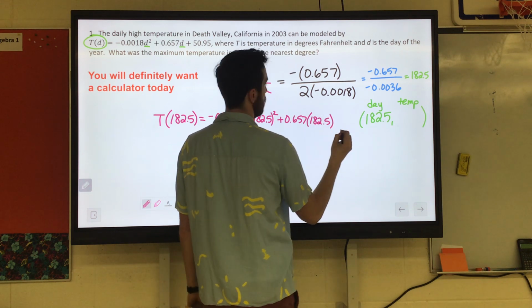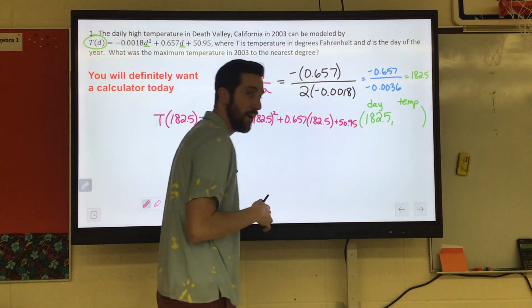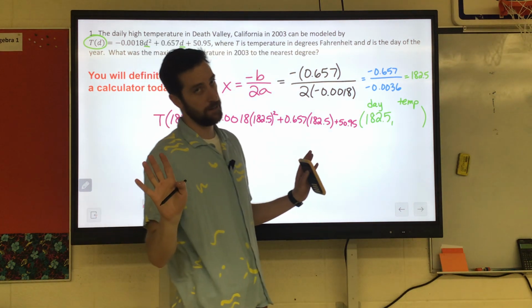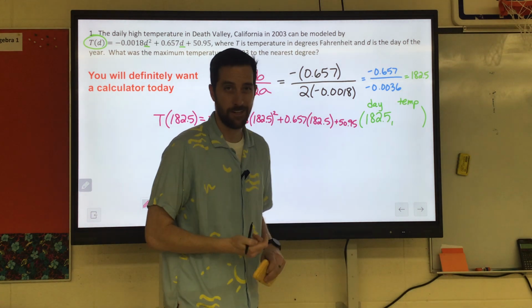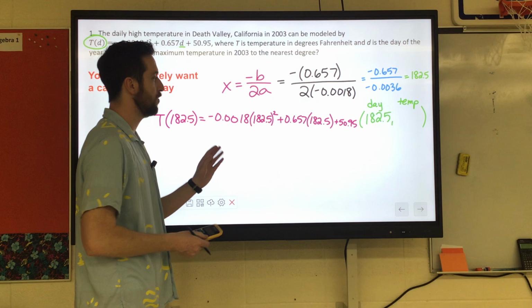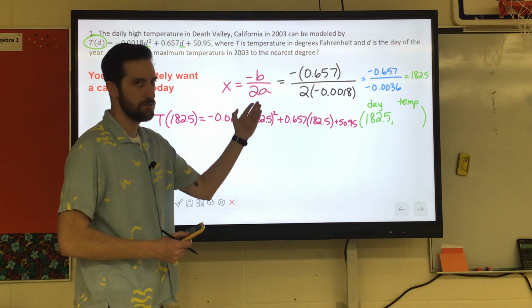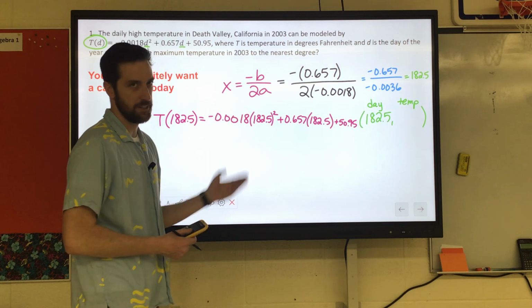And then we have the plus 50.95. Now, what's rad about my calculator, not to brag too hard, I could put it in just like this, and it'll just give me the answer. Otherwise, you could do it in chunks, but do remember your order of operations. When you're doing this first part, you have to do the exponents first before you do the multiplication.